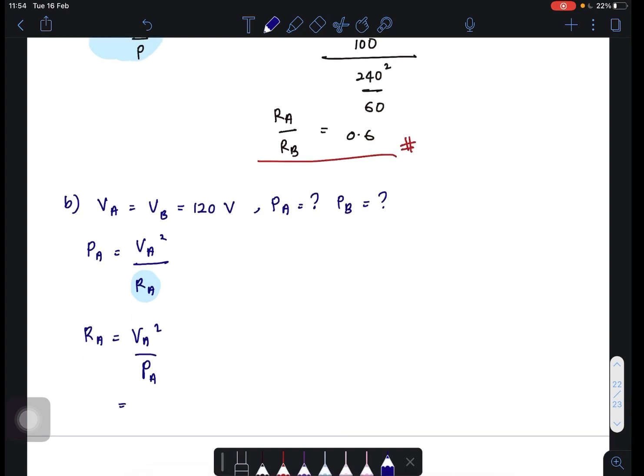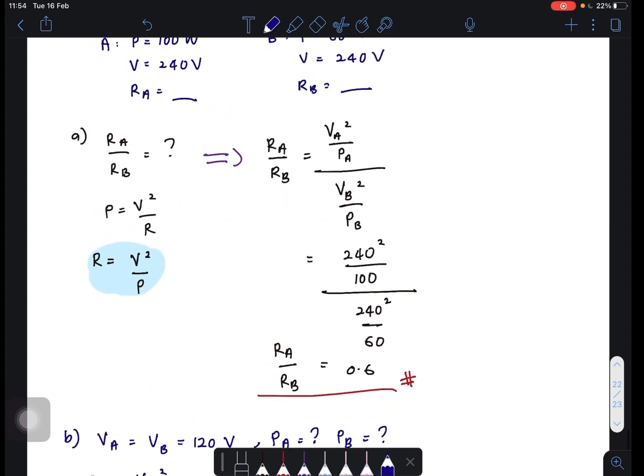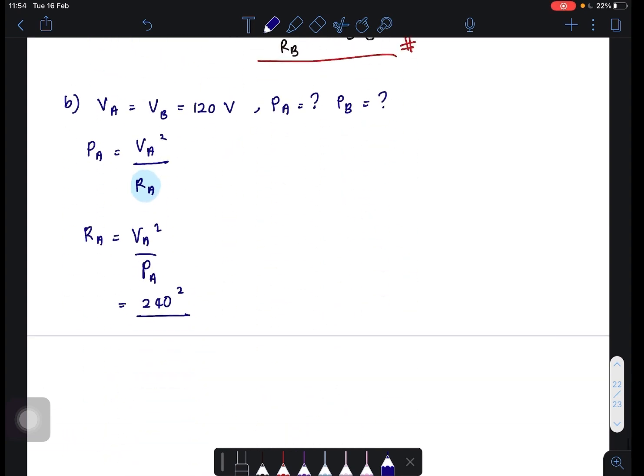So here we use the values from before, the 240. 240 square divided by power, which is 100. So RA will be equal to 576 ohm.